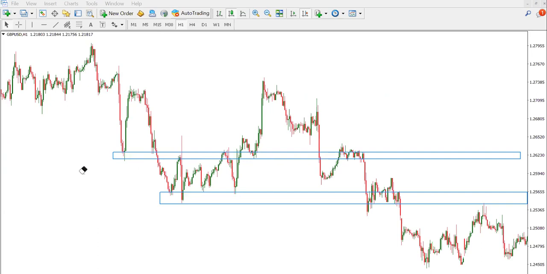Be very careful of breakout trading, as there's sometimes something called a false breakout, where price will seem to have broken below support or broken above resistance, but then go back into the zone it broke out of.